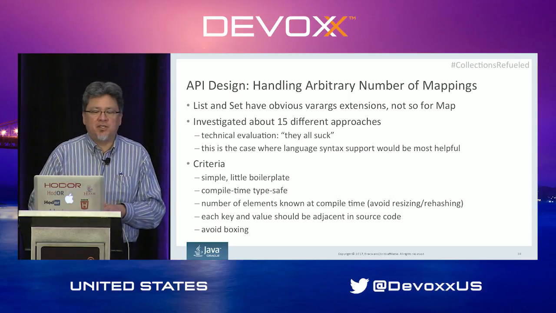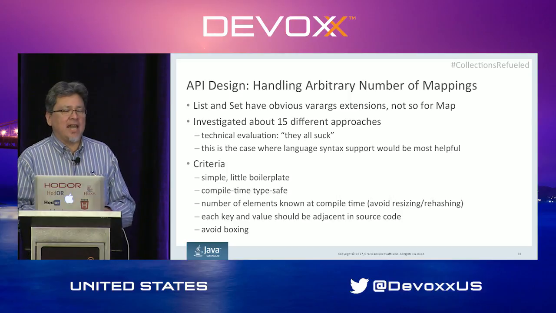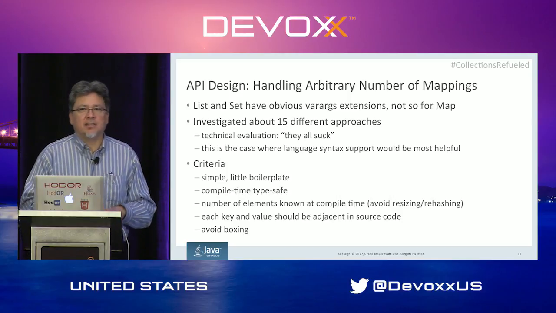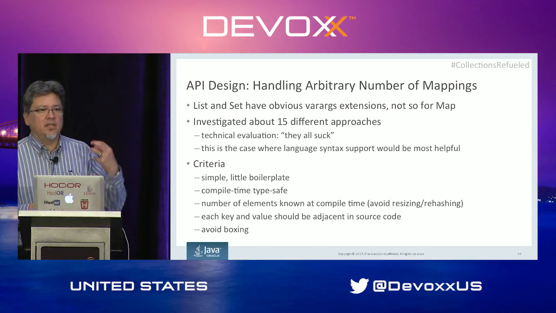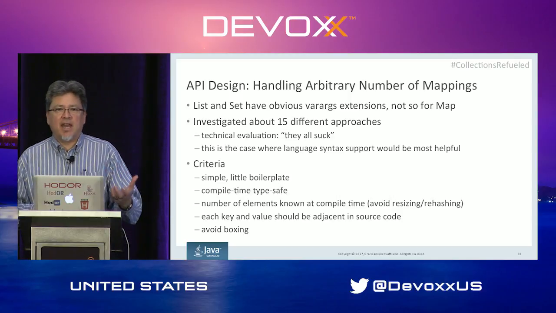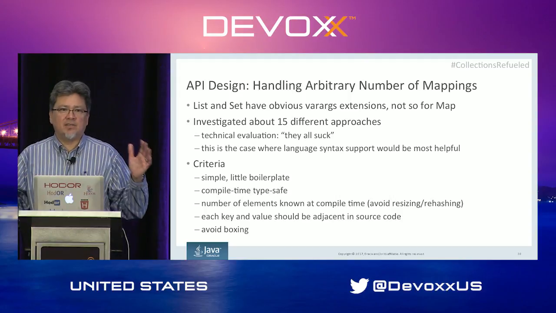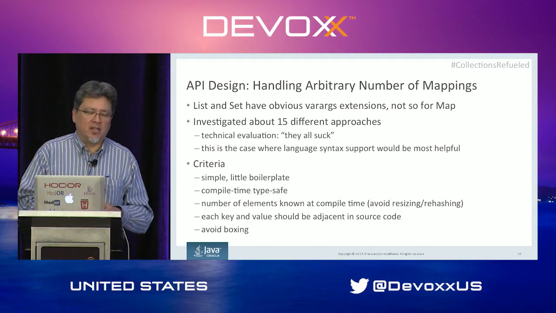So again, we wanted the size to be known at the initial entry. Varargs does have that, because when you receive a varargs parameter, you get an array of a fixed size, and so you know the number of elements you have.